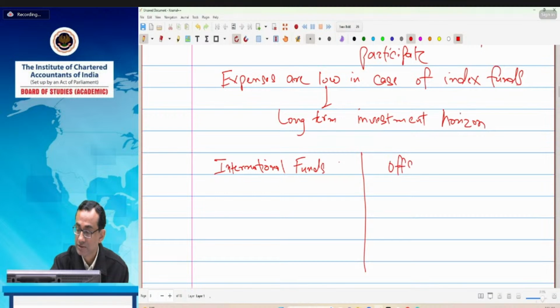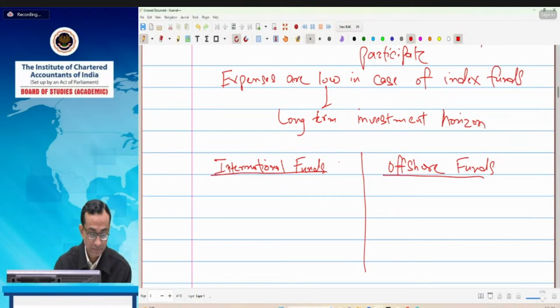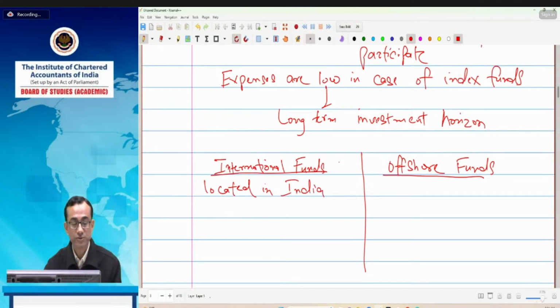International funds are basically located in India, and these offshore funds are also located in India.